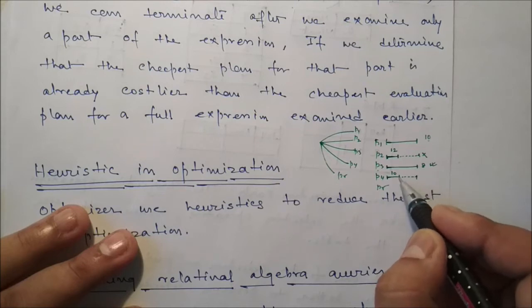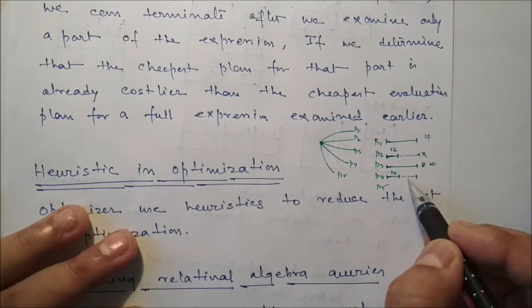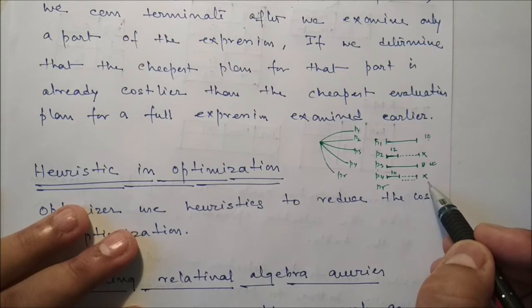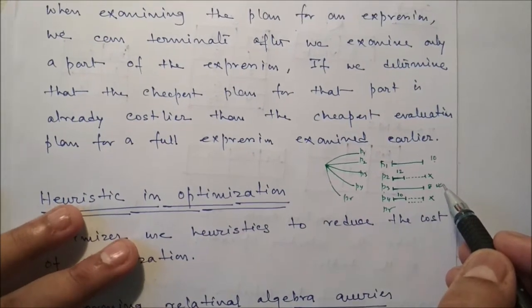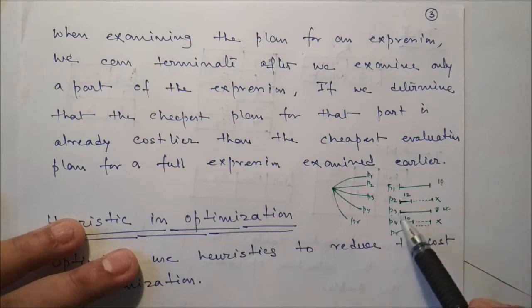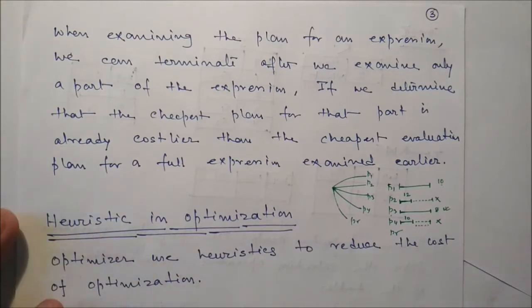We have already seen that to execute the whole plan it needs 8, so we should not check the remaining part of this plan. We have to discard this one. Are you getting this? So to select the best evaluation plan, we can use this strategy to reduce the complexity and the overhead.